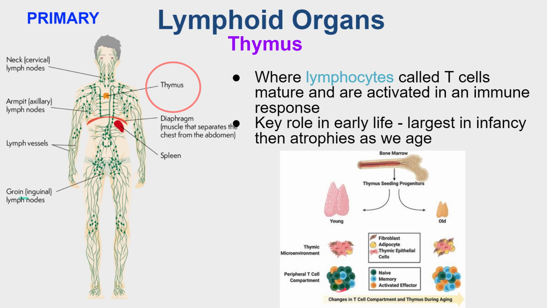And by naive, I mean they haven't met a pathogen yet. And so that's why it's so big. And then over time, in an older person, the thymus starts to shrink and atrophy a little bit. But mostly that's because the memory cells have already been made. They're circulating in our body, and it doesn't necessarily need to hang on to them anymore.